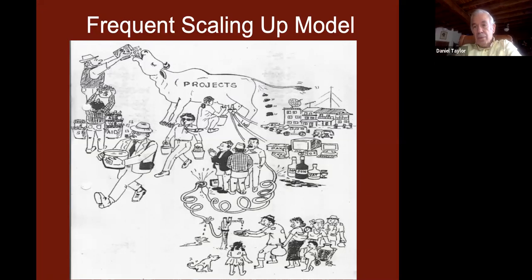But there's a problem almost always with the conventional scaling up model, which is that the poor don't get help. And I bet everybody in this class has seen this idea that the government or some donor is trying a project and everybody in the middle gets something, but the people at the end do not.